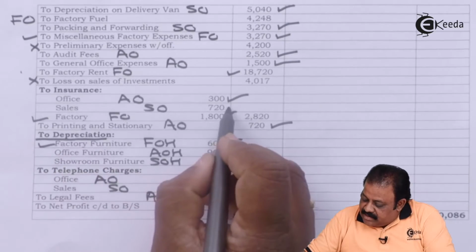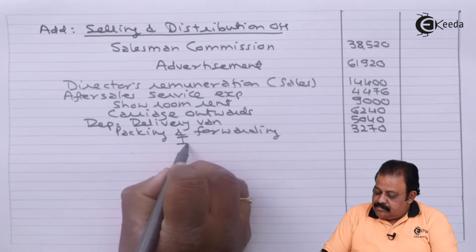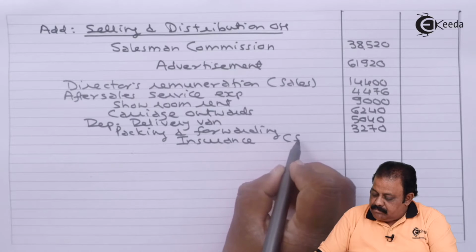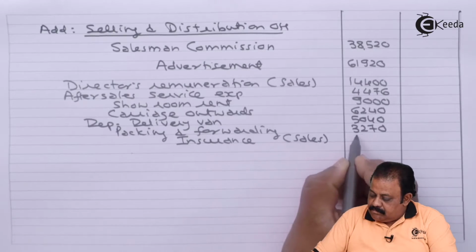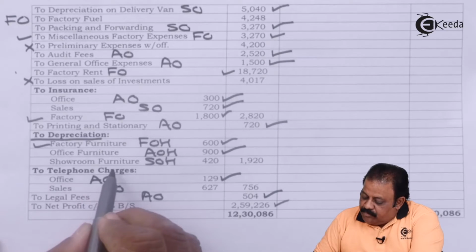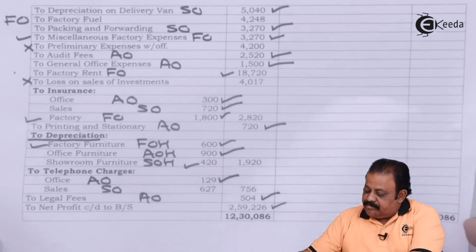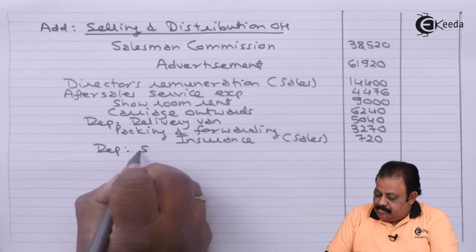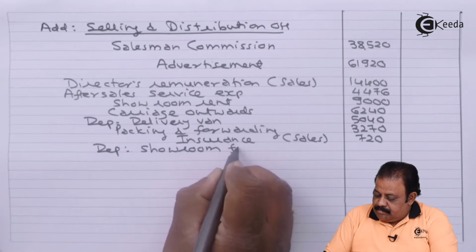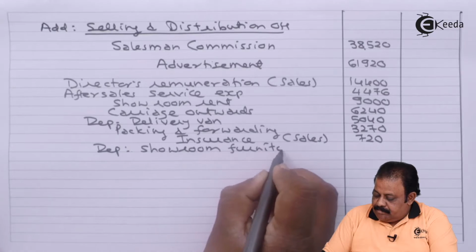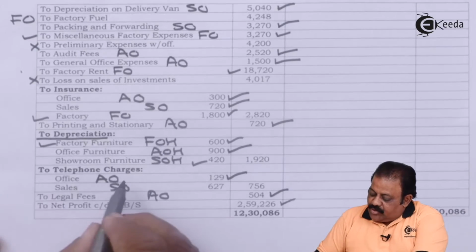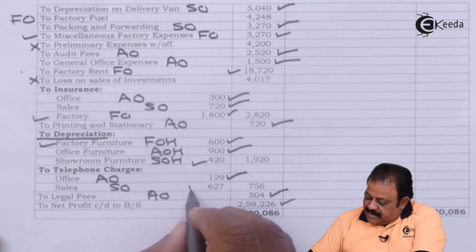Insurance sales 720. Depreciation on showroom furniture 420. Telephone charges sales 627.